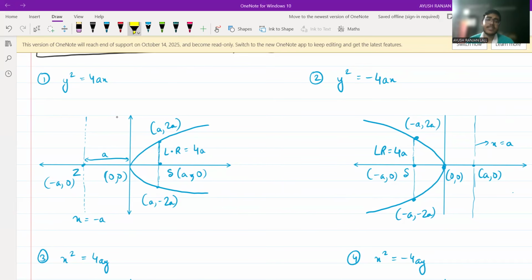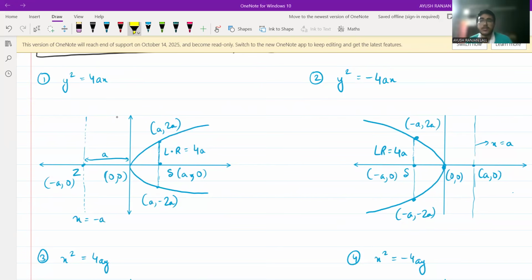Next, what is the directrix equation? How can you write the directrix equation? We know that the distance of the focus from the vertex and the distance of the directrix from the vertex are the same, both a and a.